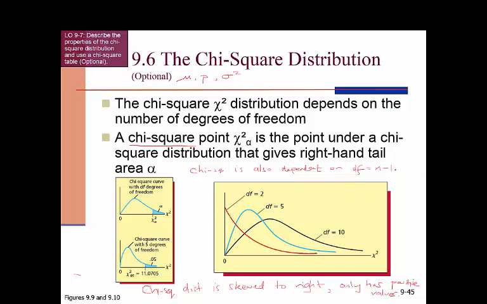Okay, and you can see how the shape of the distribution changes based on sample size or the degrees of freedom. So here degrees of freedom equals 2, so n equals 3. Here n equals 6. Here n equals 11. Right? And so the degrees of freedom shows you how the shape of the distribution changes.